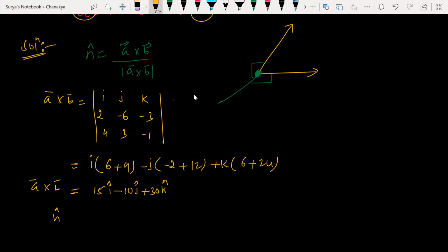Now n cap is equal to what? A cross B gives me 15i minus 10j plus 30k upon magnitude of this. Magnitude of A cross B: 225 plus... What is the magnitude?